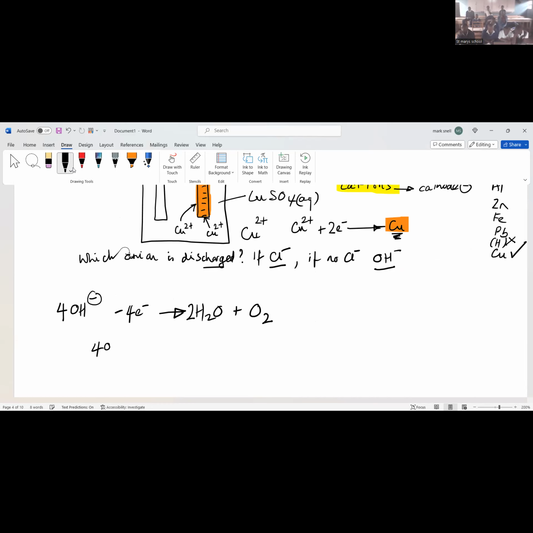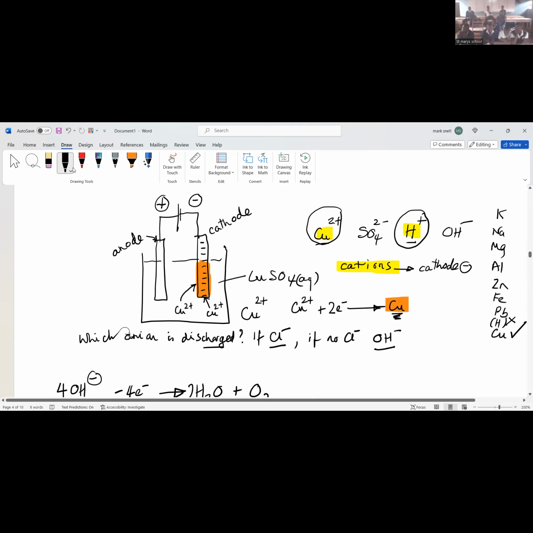Or you can write 4OH- turns into 2H2O and O2 and 4 electrons on this side. It doesn't matter. So in other words, here we get bubbles of oxygen coming off. Okay?